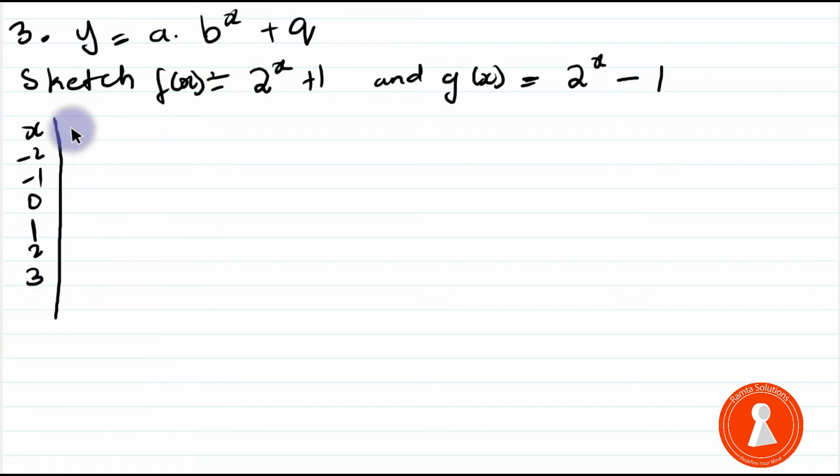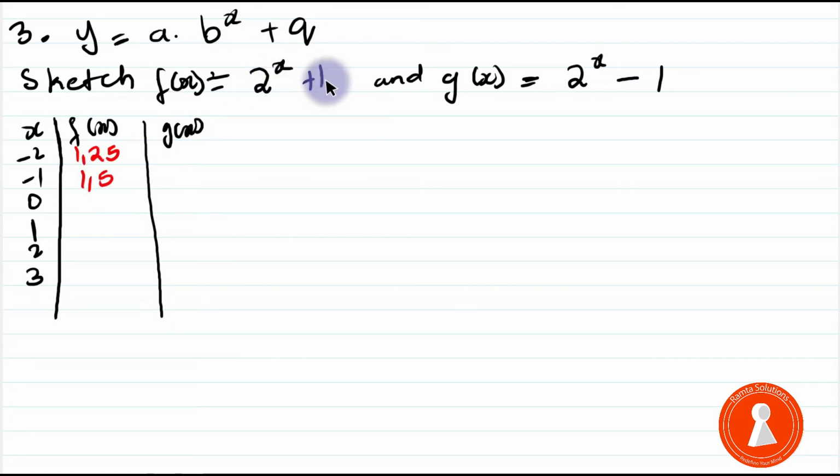So let's look at f of x. When x is minus 2, 2 to the minus 2 is a quarter plus 1 would be 1,25. 2 to the minus 1 is a half, so this is 1,5.